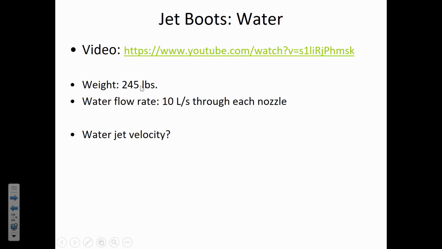Cancel out the kilograms, and the seconds cancel out one of the seconds in the newton, so it's meters per second. So the velocity of water out of those boots is 54.5 meters per second.